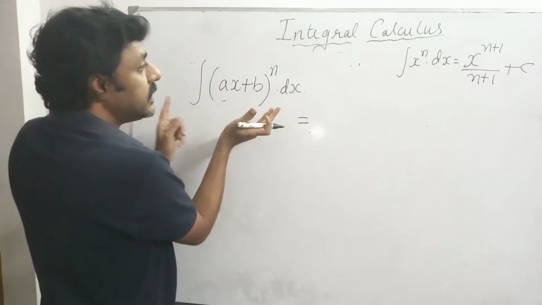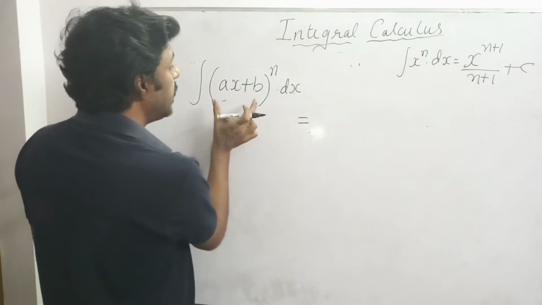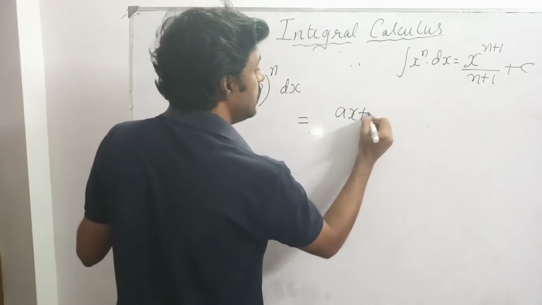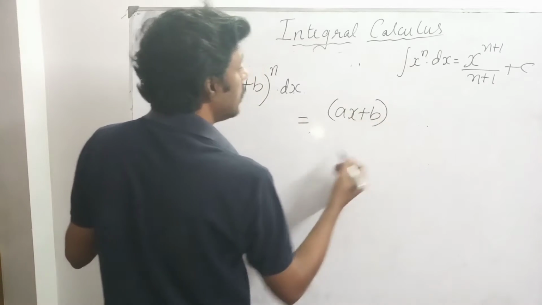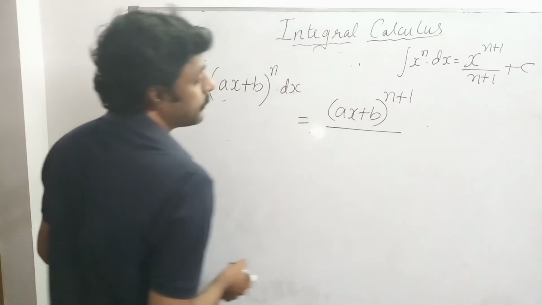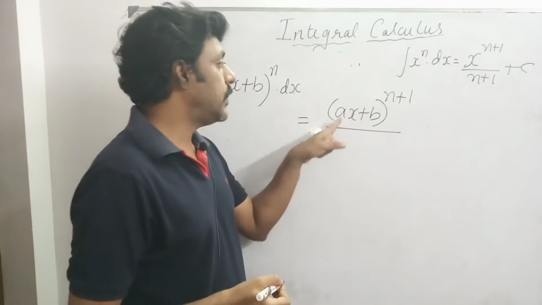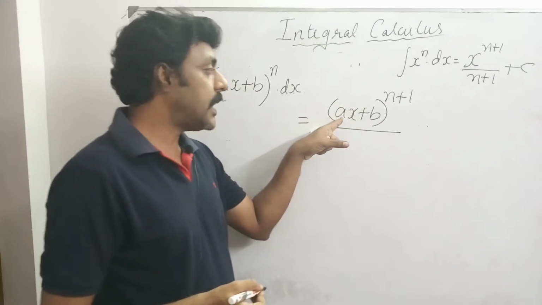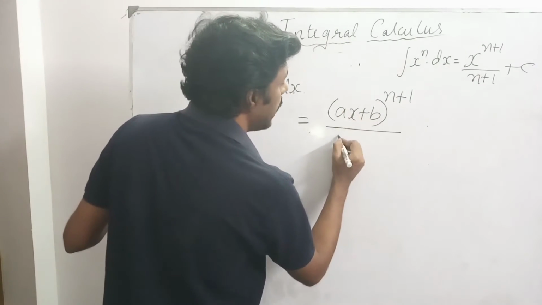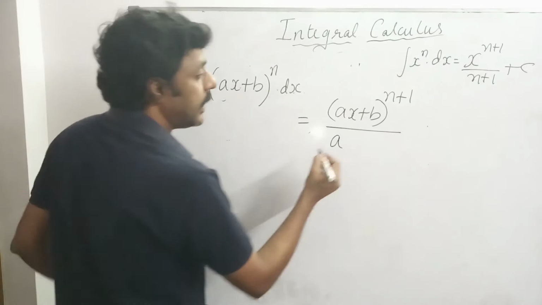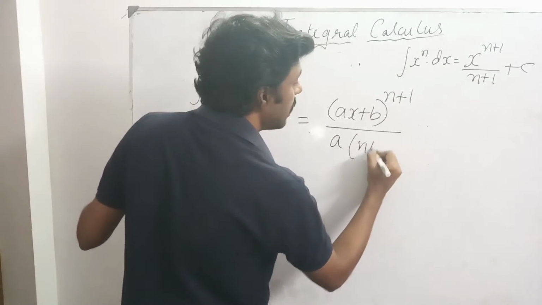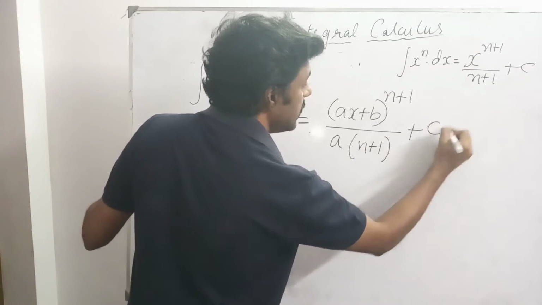Similarly, if we take this portion, that is (ax plus b) whole power n plus 1 divided by, now x is a variable and a is a constant. So what you are supposed to do is bring a over here, and put n plus 1 into a.